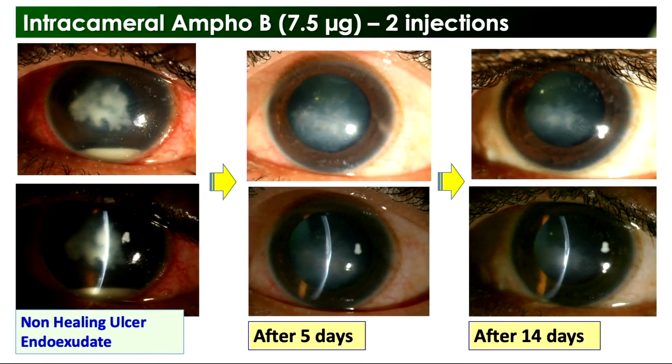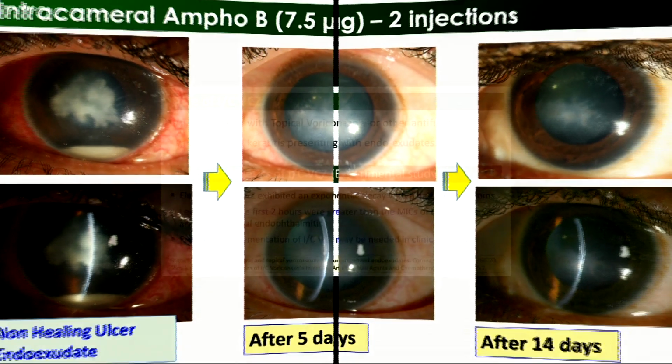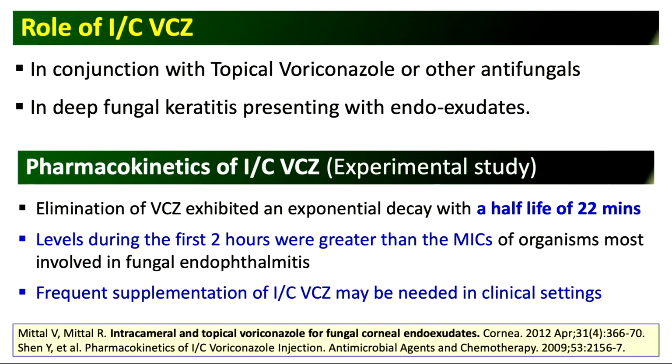We have some examples we had tried earlier. This particular patient healed after 14 days, and we gave 2 injections of intracameral amphotericin B. Similarly, voriconazole has a shorter half-life, so it is wise not to use intracameral voriconazole alone.